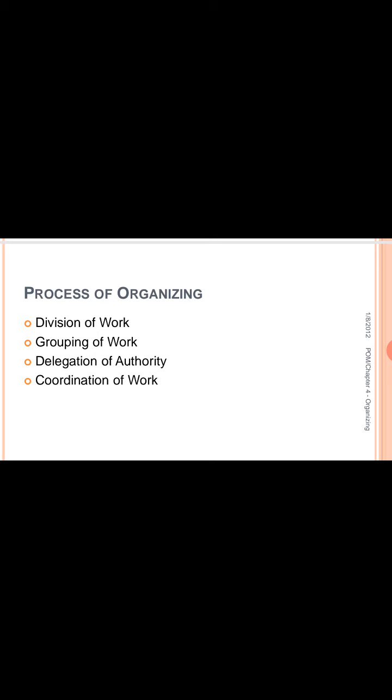We define the steps we need to take to complete that particular project. Second is grouping of activities. To complete the project, we group activities according to the similarity of the work, and accordingly we form departments.